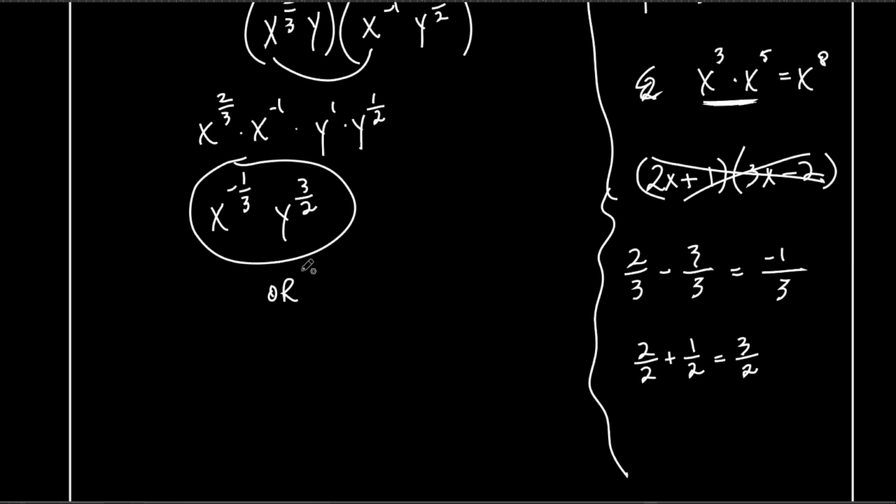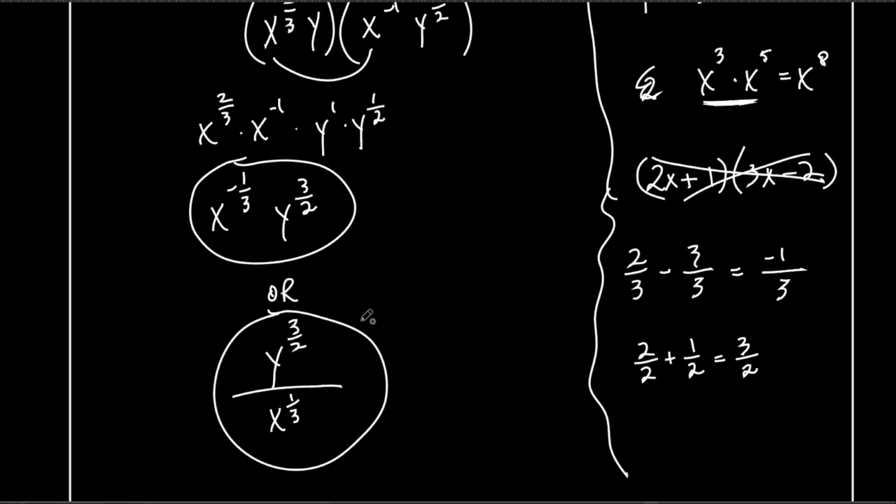But if you look in the back of the book, what do you think they're going to do with this x to the negative 1/3? They're going to make it a positive, okay? So what they're going to do is this. They're going to keep the y to the 3/2 on the top. We just talked about this a few minutes ago. What do you do with a negative exponent? You flip it to the bottom and then change the sign to a positive 1/3.